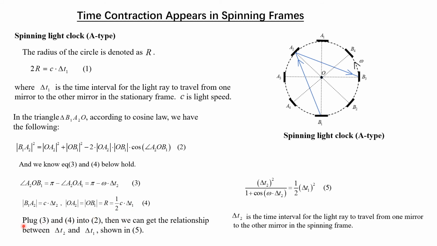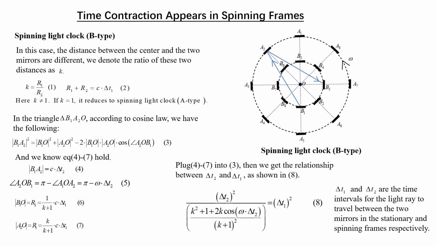And we plug 3 and 4 into 2, then we have the relationship between delta T2 and delta T1. This relationship is shown in equation 5.